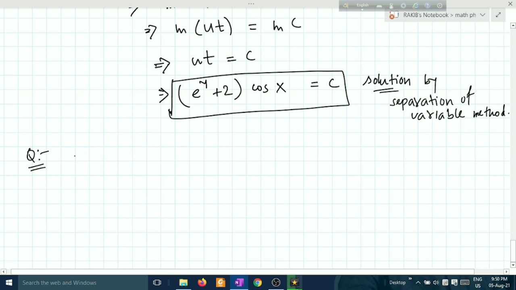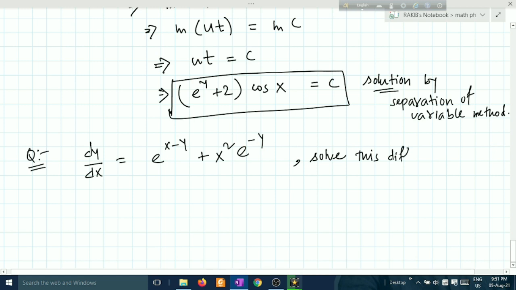The question: dy by dx equals e to the power x minus y plus x square e to the power minus y. Solve this differential equation. I think it is clear to you, and now you can do it on your own.